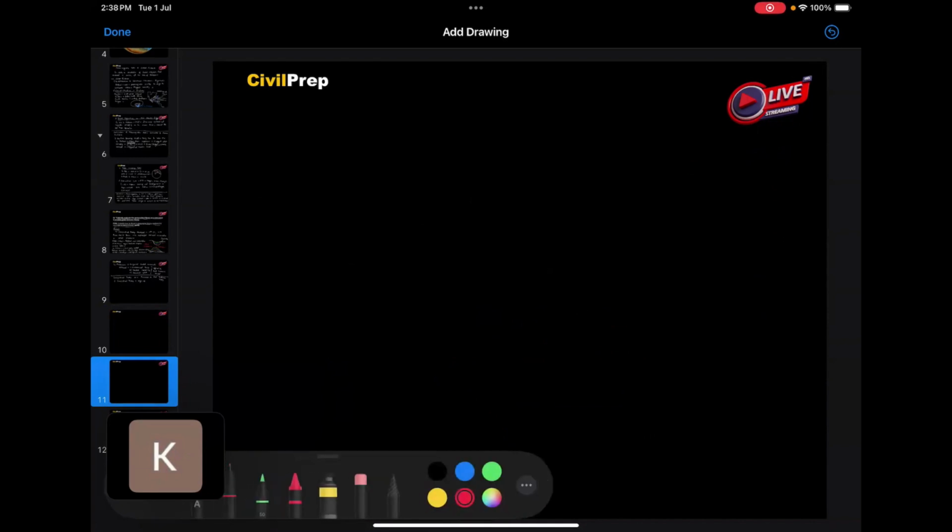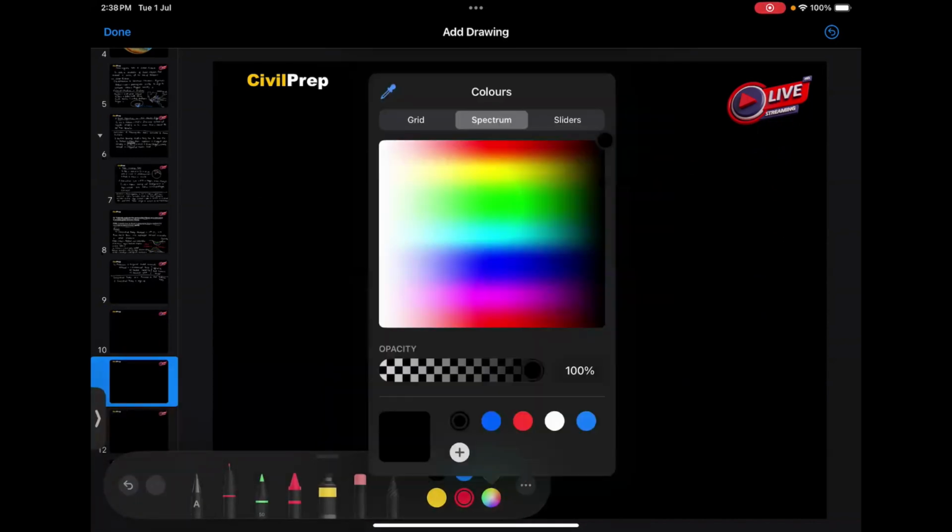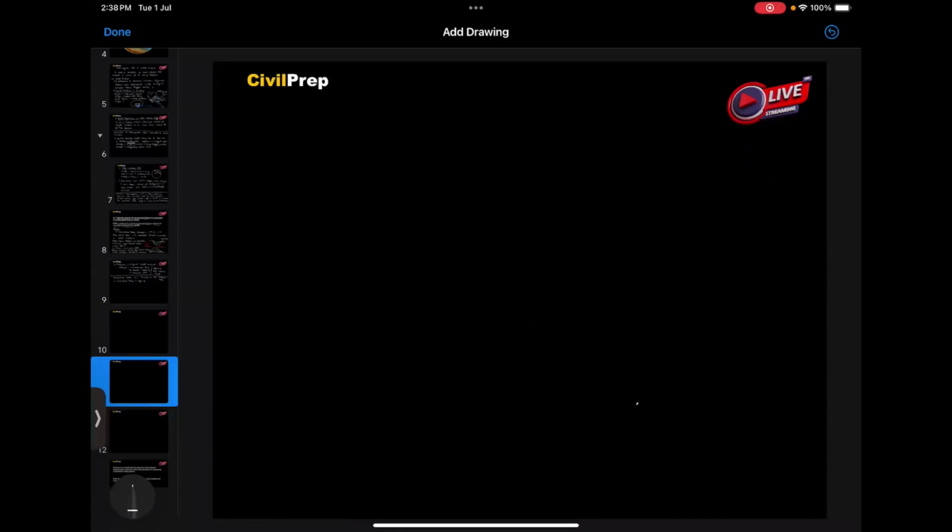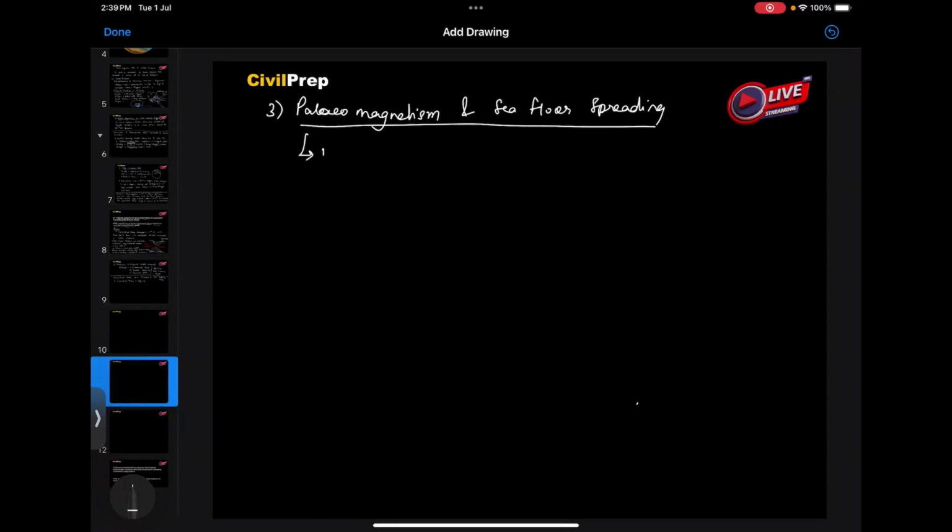Now, the third part we'll see here is paleomagnetism and seafloor spreading. Under paleomagnetism and seafloor spreading, we have certain theorists, for example, Vine and Matthews, Harry Hess.